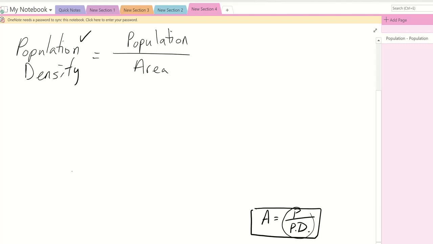What if we know the population density, we know the area, and we want to figure out what the population is, right? So the area is given, the population density is given, and they're asking for the population, right?